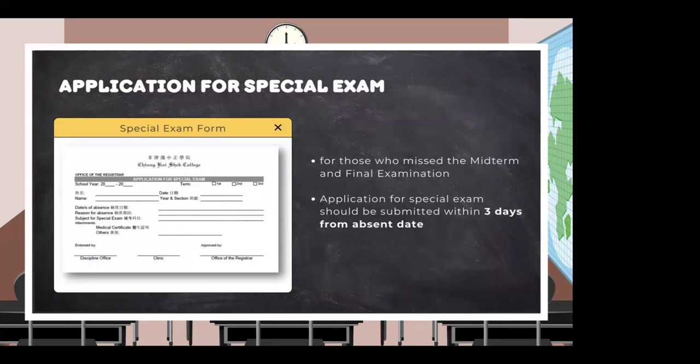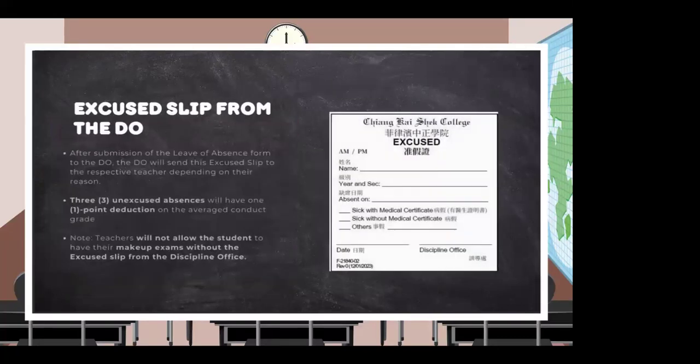This is subject for approval of the discipline office together with the registrar's office. Again, absence during midterm and final examination due to leisure, out of town or out of country shall not be excused to take special exam.